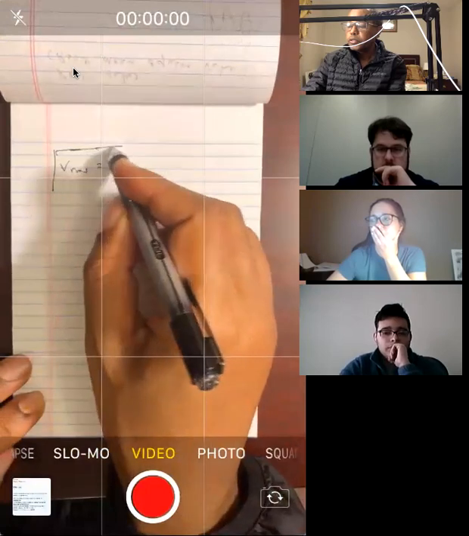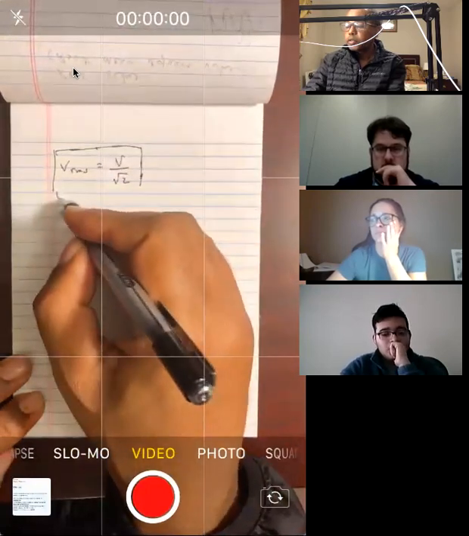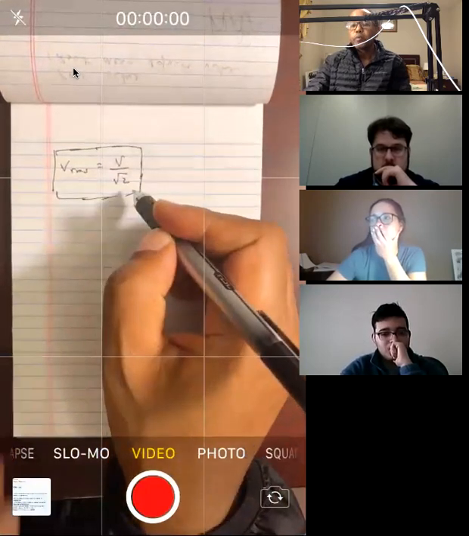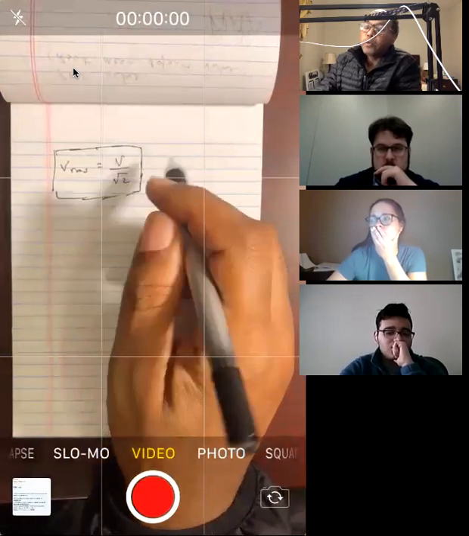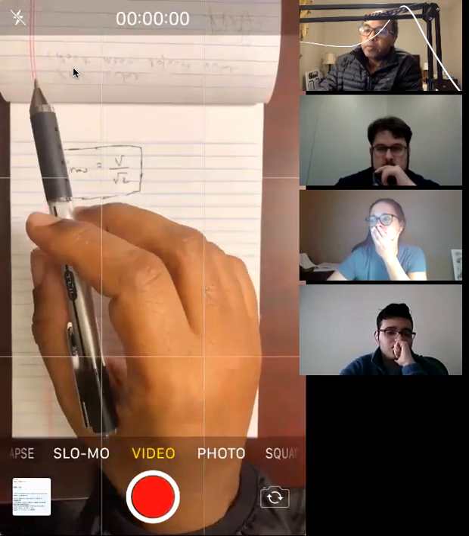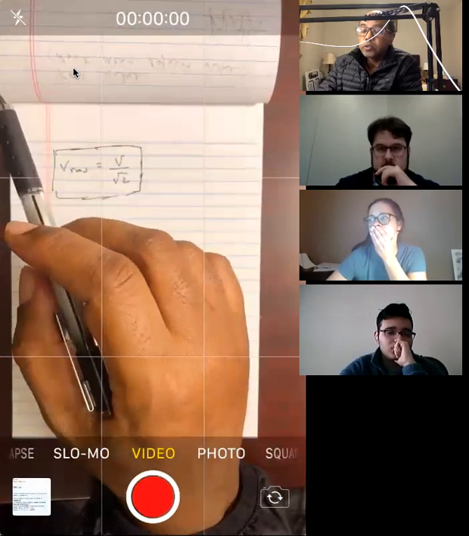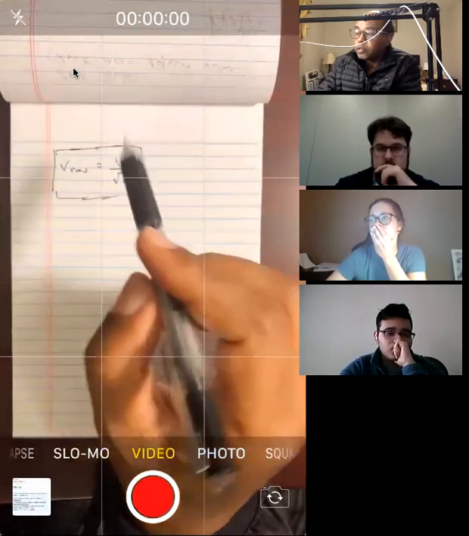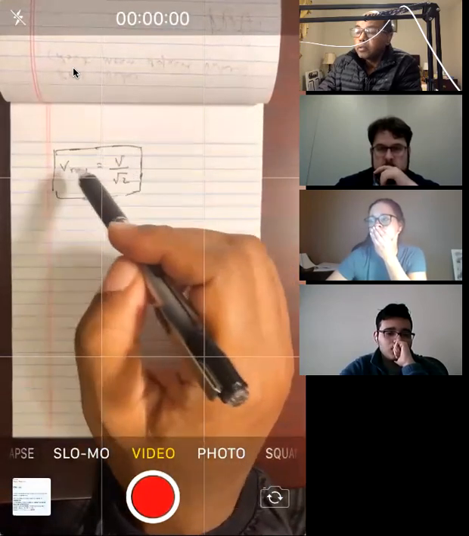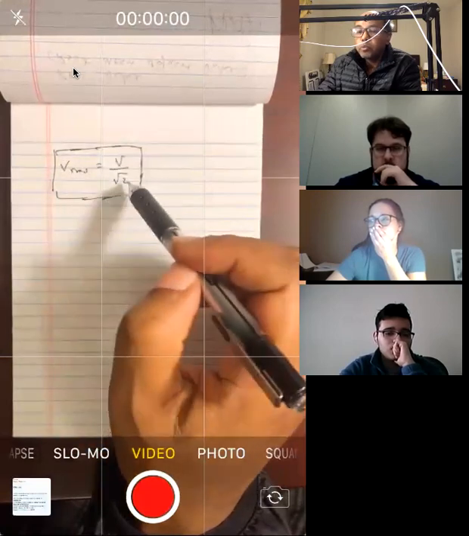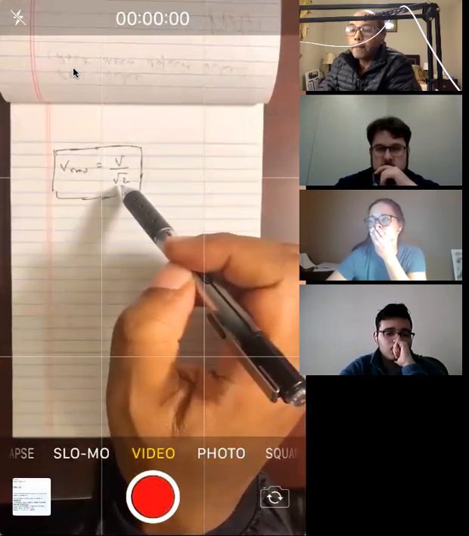So AC ammeters and voltmeters are designed to read RMS value. Okay? So when you read the voltage that comes out of the wall outlet to be 120 volts, 120 volts is not the amplitude, it's this value over here. The amplitude is 120 times root 2, like 140 or something. Okay?